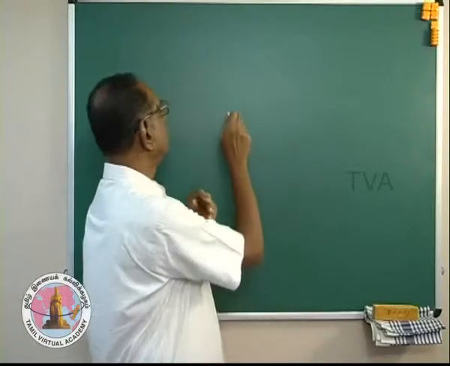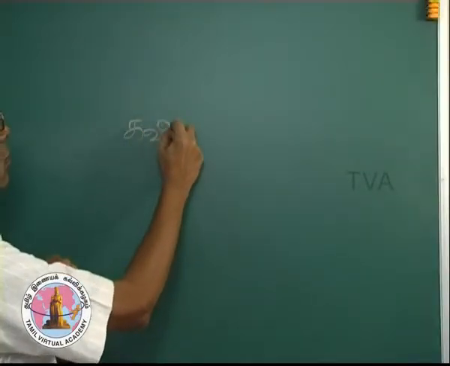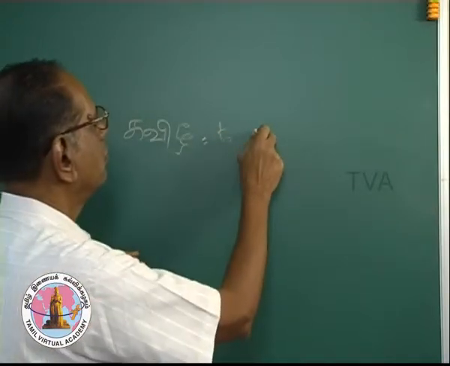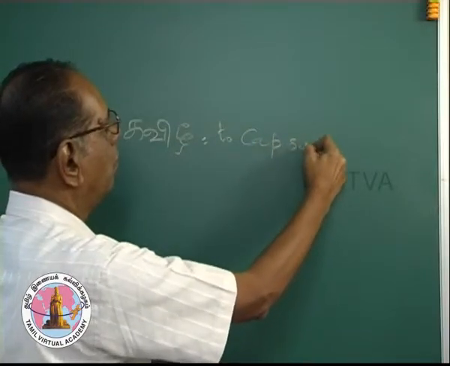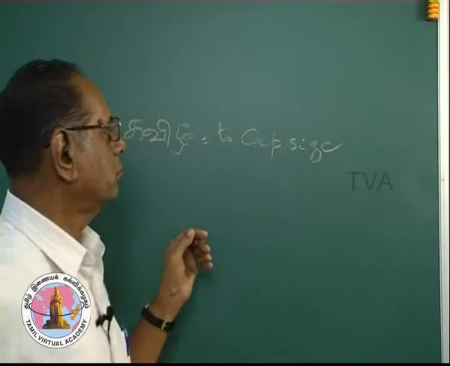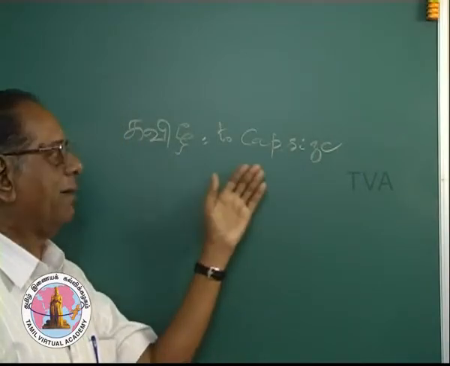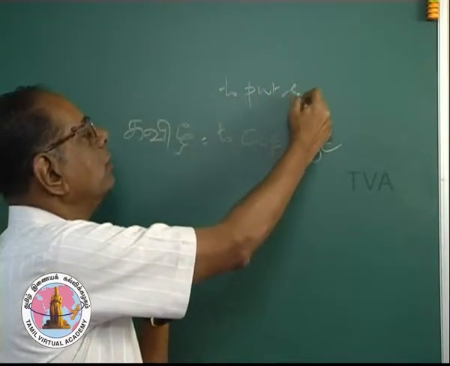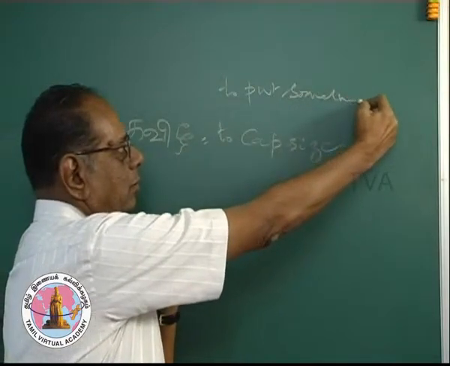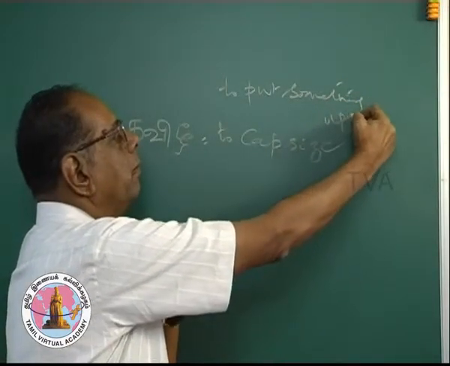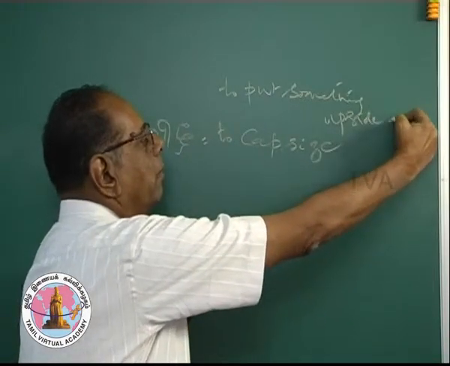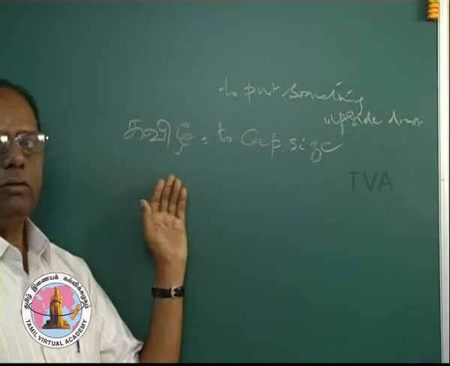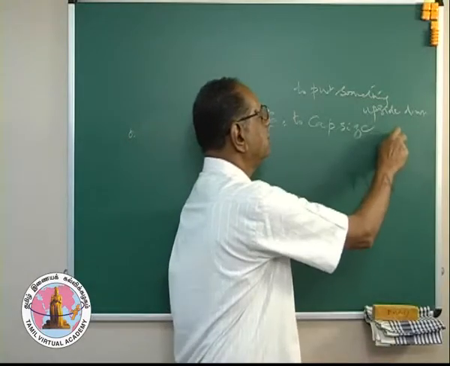Let us have one more verb. Kavil, to capsize, or to put something upside down. Kavil, to capsize, is intransitive.